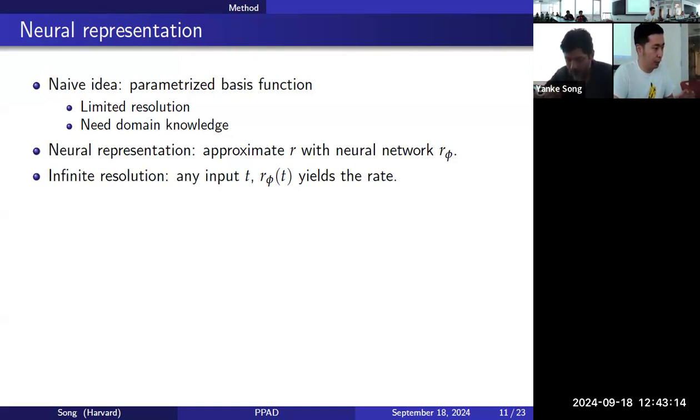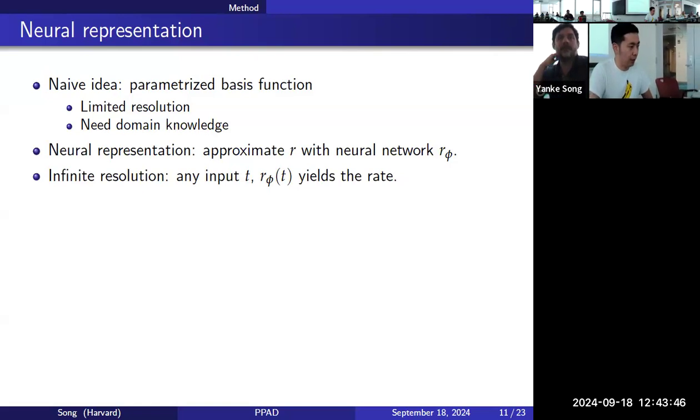So instead of outputting the weights for all those bases, it's outputting a single value. You input the time t into the neural network, and the neural network yields the value of R at this time point t. So here you can see why the resolution is infinite, because this t can be any value. It doesn't have to be on a grid point. It can be any value, and the neural network is going to output the light curve at that time point.